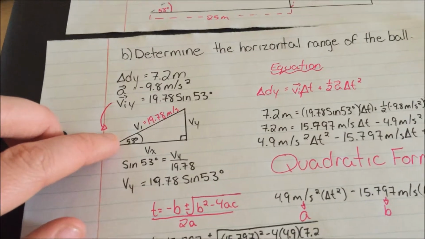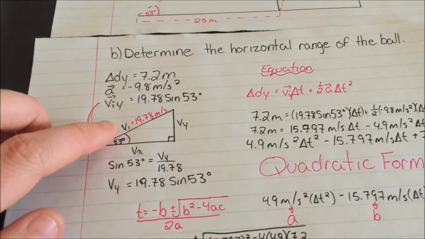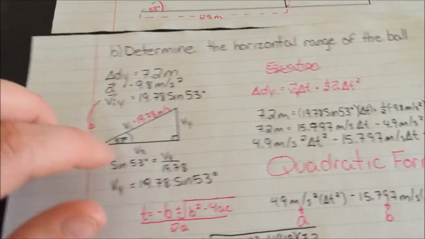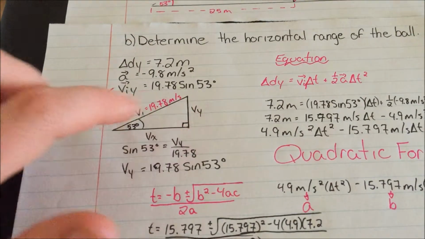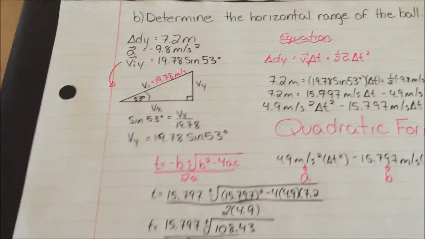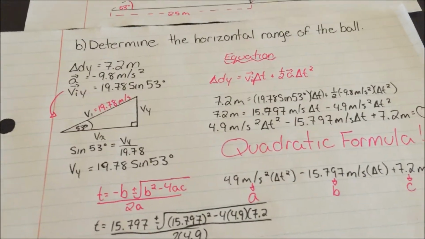This is because we used this right triangle that we had in the other question, and we found our initial velocity in that other question, so we can use that information with the sine to find your Vy, because sine is opposite over hypotenuse.